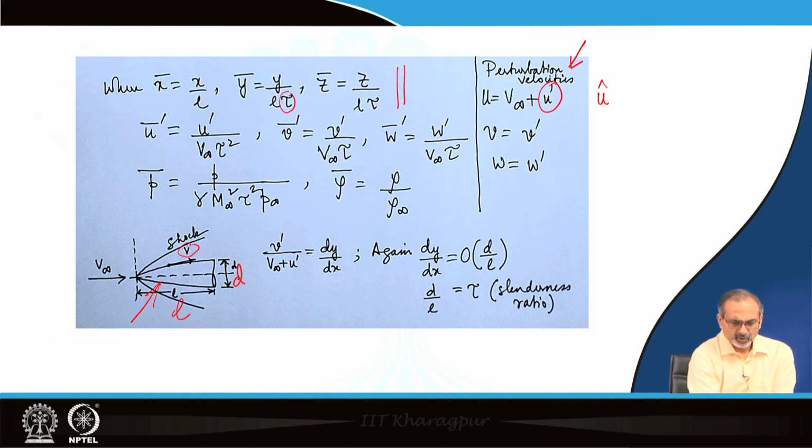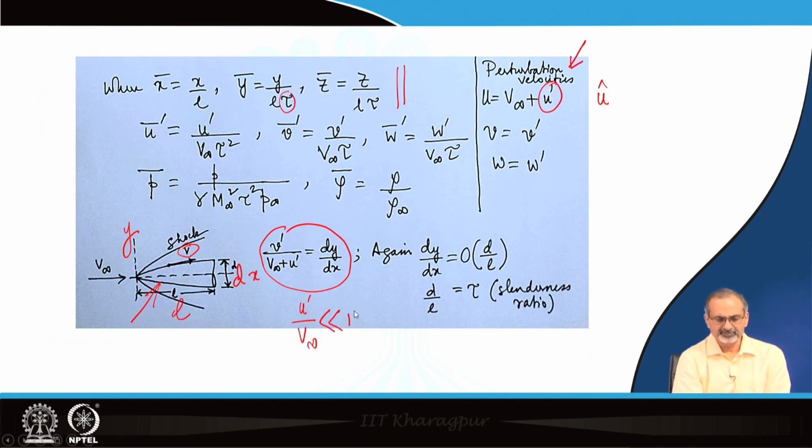This is a typical base dimension of the body. This is a typical length scale that we are concerned about. If you look at the local flow velocity vector at some point on the body in this xy plane, then you can say that V dash by V infinity plus U dash is equal to dy dx, and we can show that since U dash by V infinity is going to be very small, this is almost like saying V dash by V infinity. Again, from the geometry of the problem, dy dx is of the same order as d by L, and this is called the slenderness ratio tau, which figures in some of these expressions.